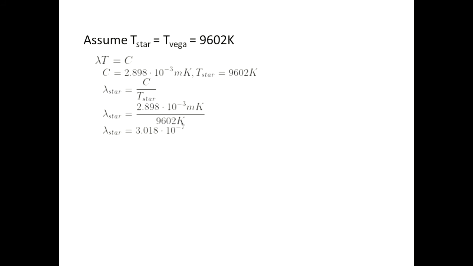Therefore, since it's a black body, we can use Wien's law: its wavelength multiplied by its temperature is a constant, Wien's constant. We know Wien's constant and the star's temperature, so we can find the wavelength emitted by the star, which is 3.018 times 10 to the negative 7 meters.